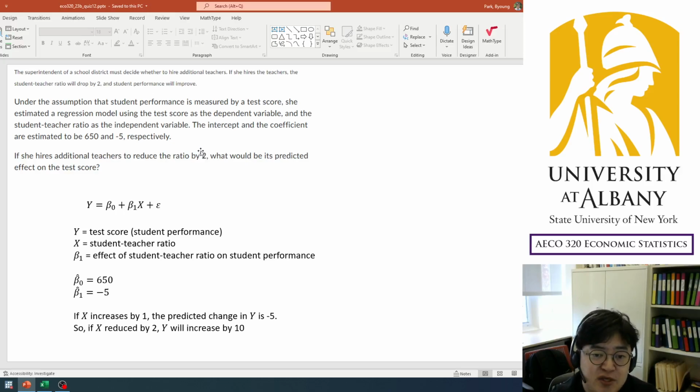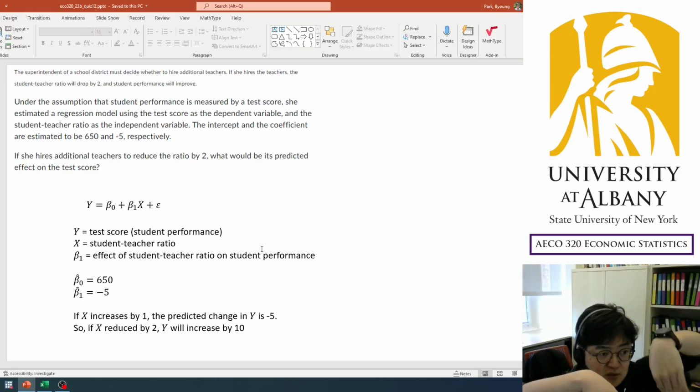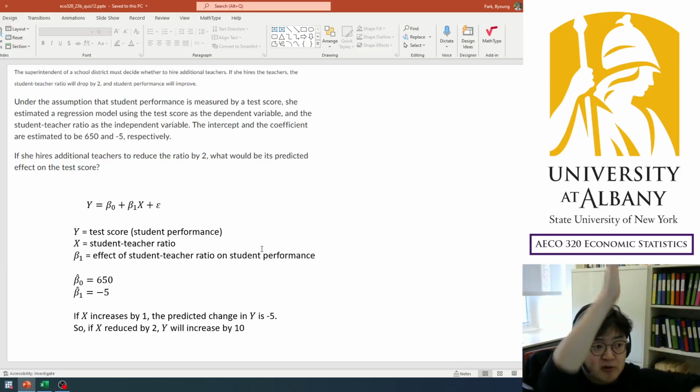But I'm assuming that x will decrease by 2. So an increase by 1 results in a drop by 5. But when x decreases by 2, then you can easily say that y will increase by 10, right? So a 1 increase will make y drop by 5, then it goes the other way, and then double, right?